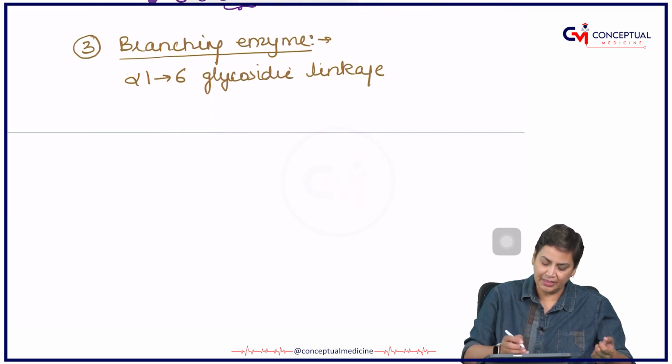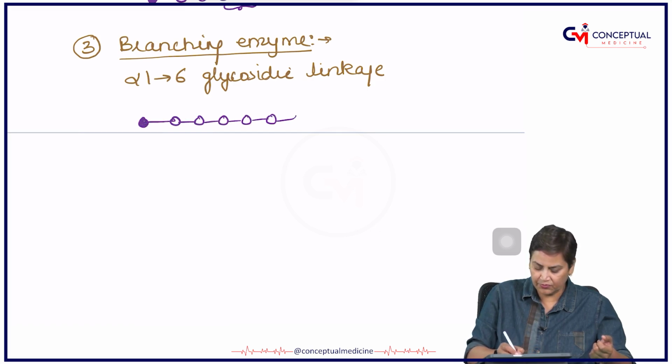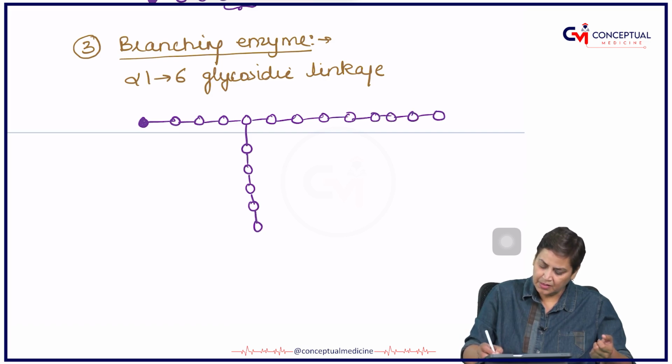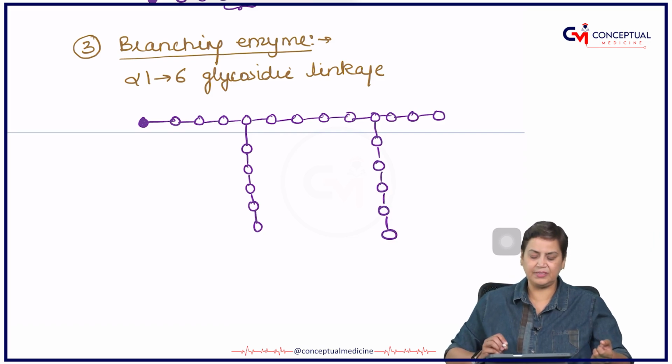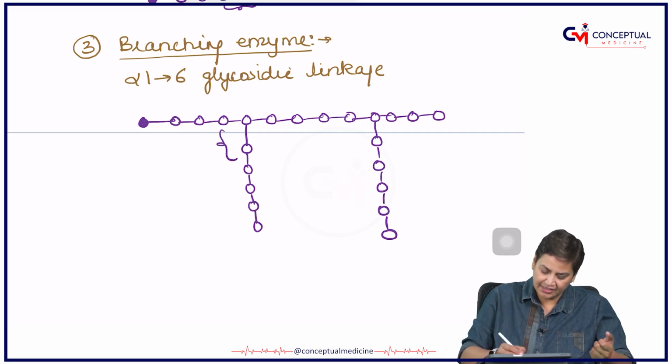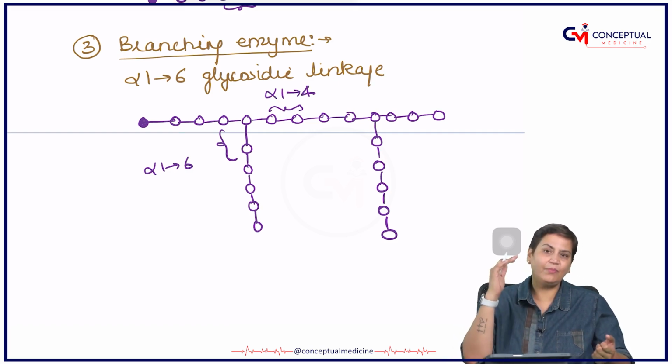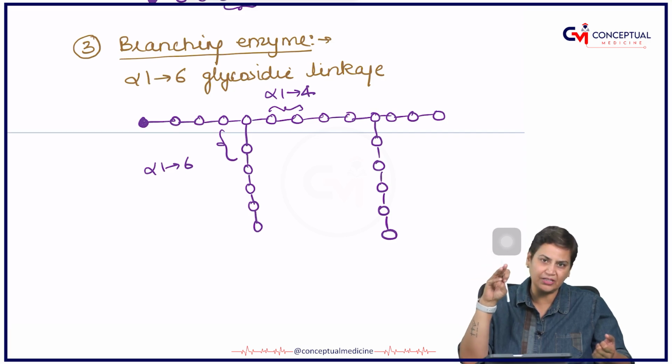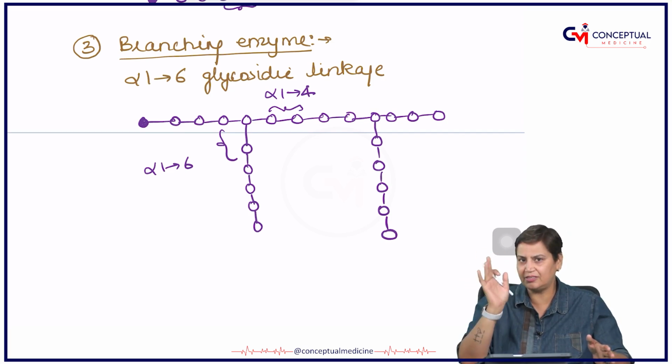And the structure would be like this, again like this, 1, 2, 3, 4, 5, 6, 7, 8, and it will be like this. And this is how the entire molecule of glycogen will be synthesized. This is alpha-1,6 and this is alpha-1,4. Right? So, with the help of glycogen synthase, with the help of branching enzyme, and with the help of glycogenin, the primer, the entire molecule of glycogen is synthesized.